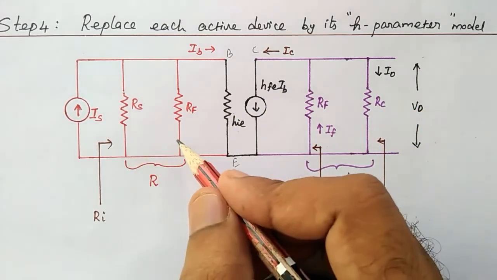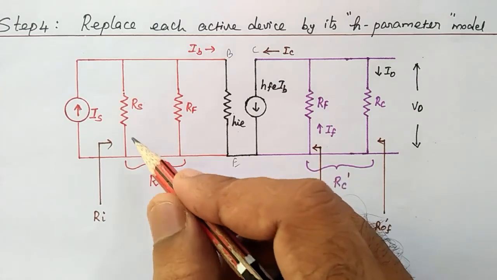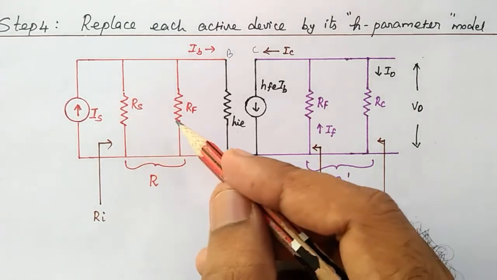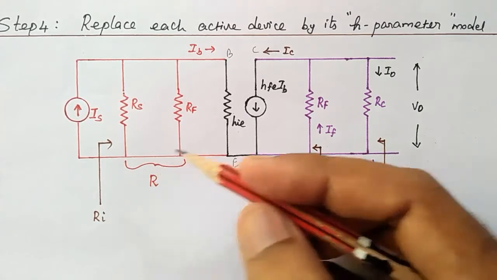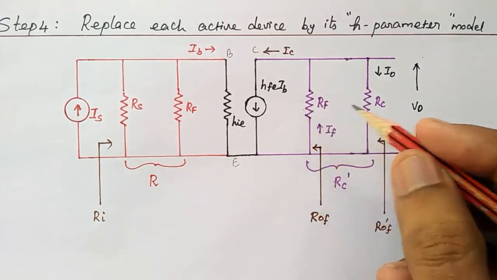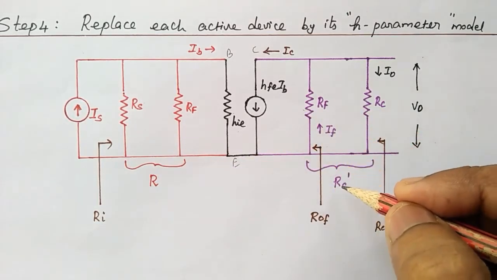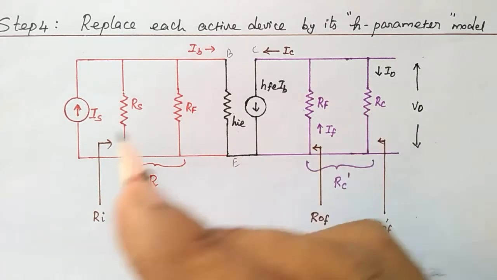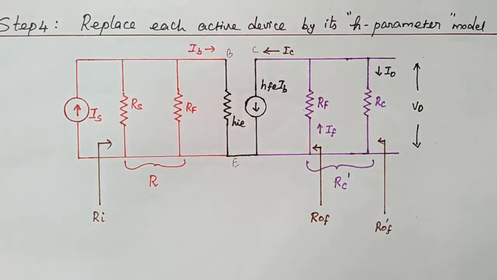The parallel combination of RS and RF can be written as capital R. Similarly, the combination of RF and RC is called RC dash. For this circuit, we are going to find the gain of the basic amplifier and the gain of the feedback network; the remaining parameters we will see in the next steps.